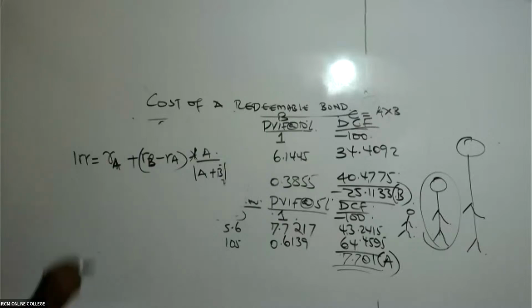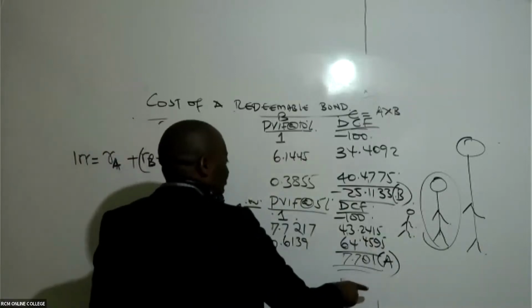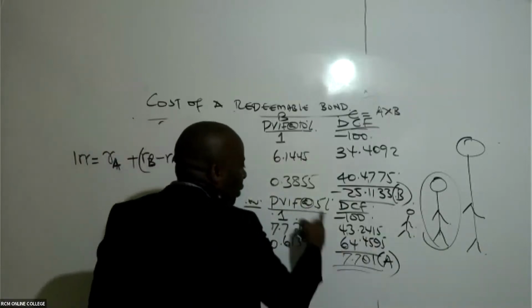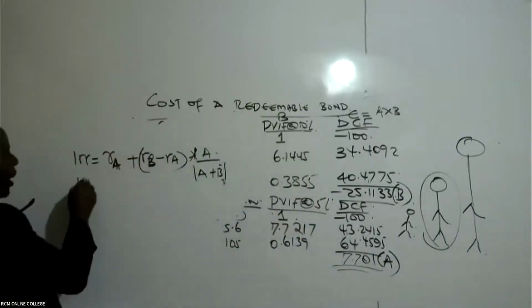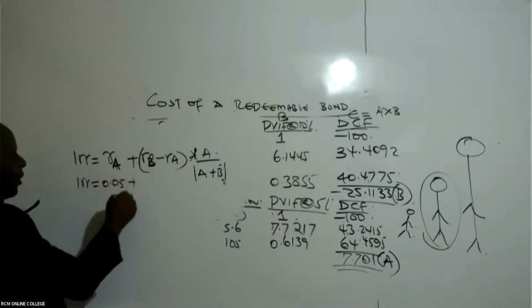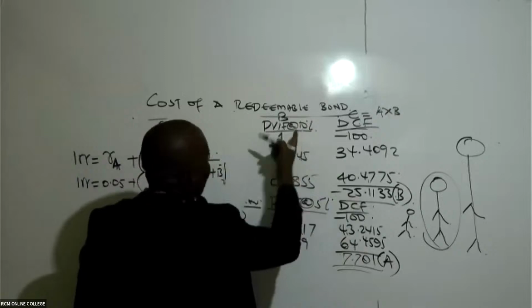So don't forget that the positive NPV is your A. And then rate A is 0.05, the lower one. Plus rate B now is the higher one, 10%.